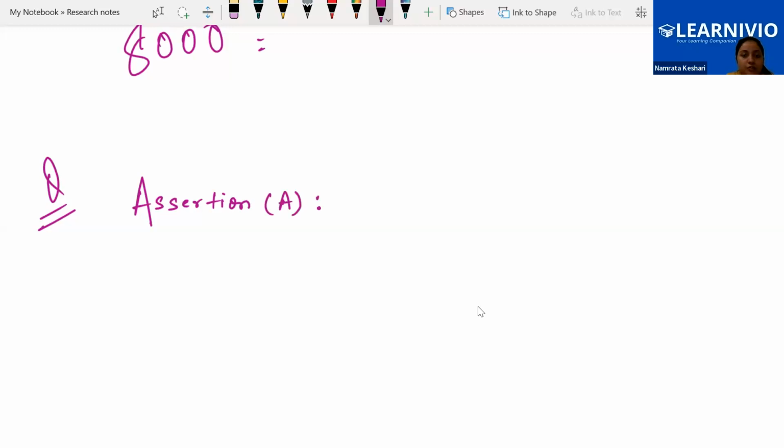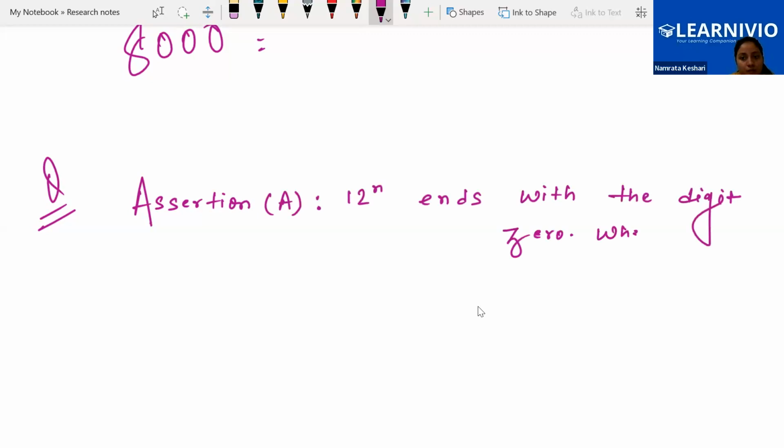Assertion is: 12 to the power n ends with the digit 0, where n is a natural number.